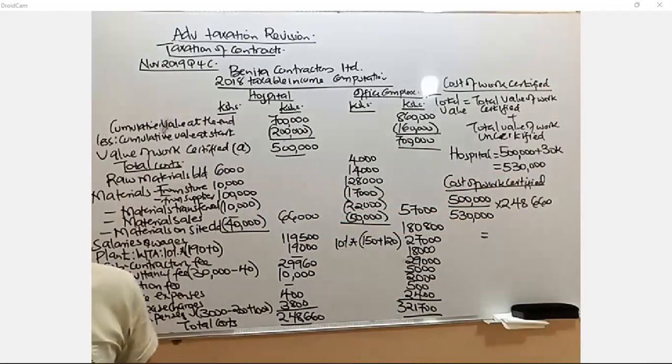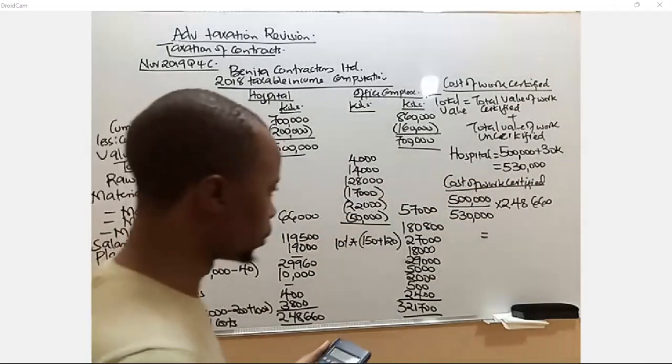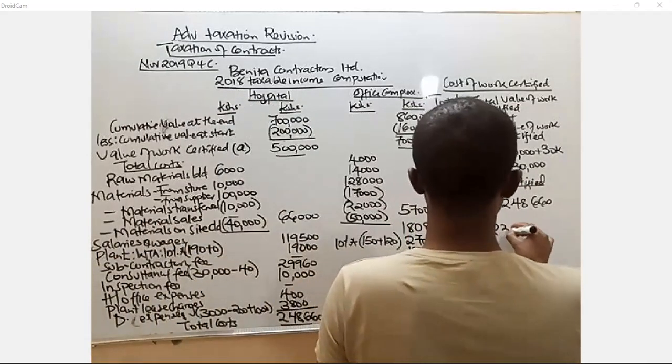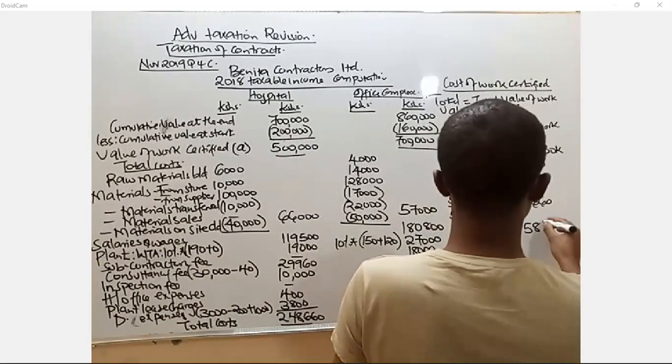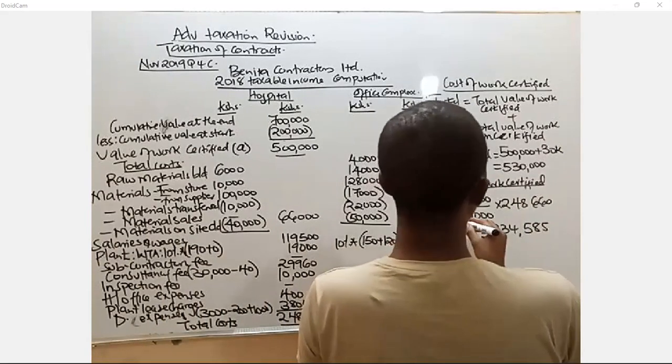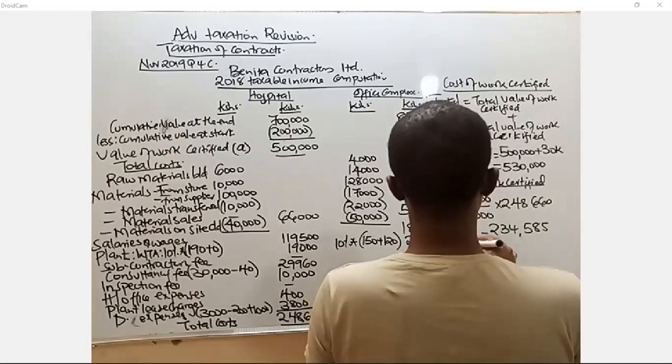So I take 500 divided by 530, then multiply it with 248,660, getting around 234,585.